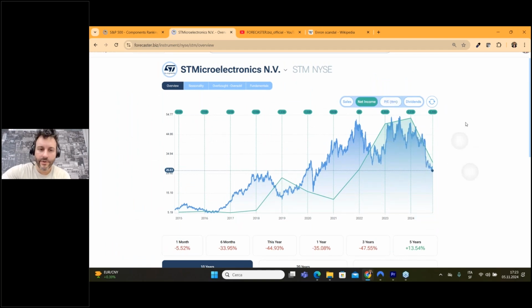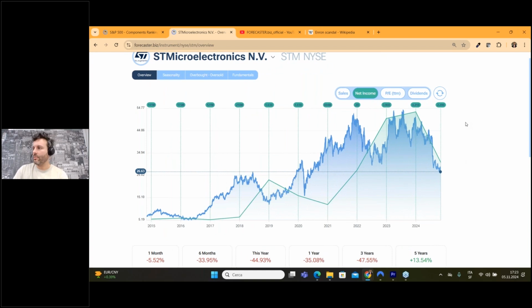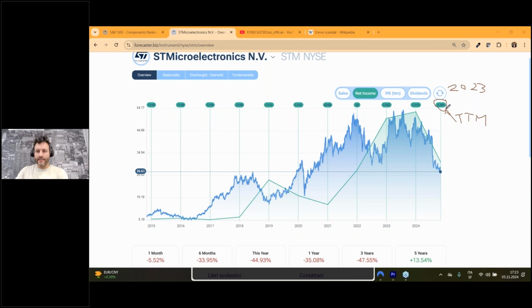Look, this is a very interesting data because this one is not the 2023 data, but this is the trailing 12-month data. It means that this number is created by the sum of the last 4 quarters. Okay, very simple.